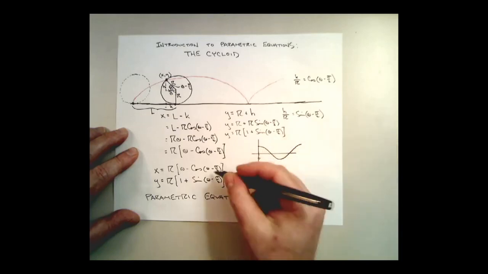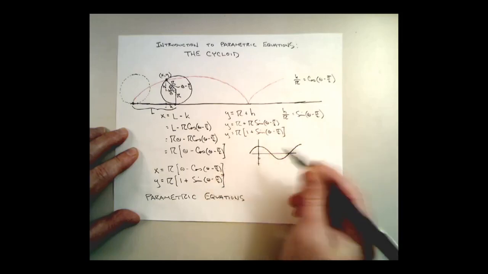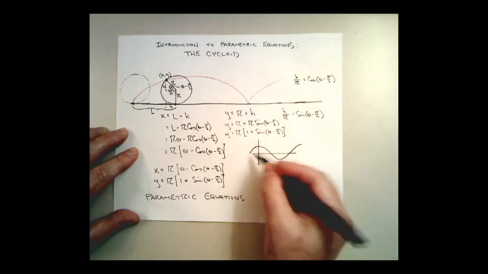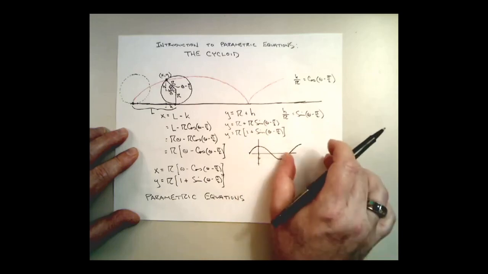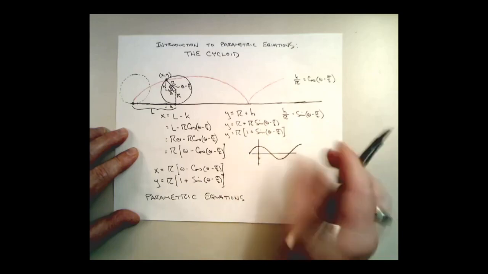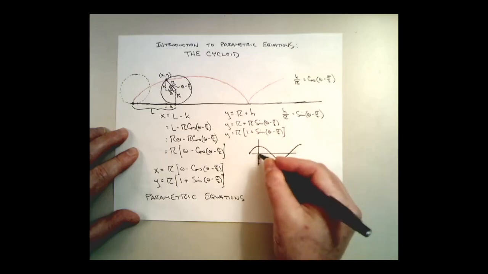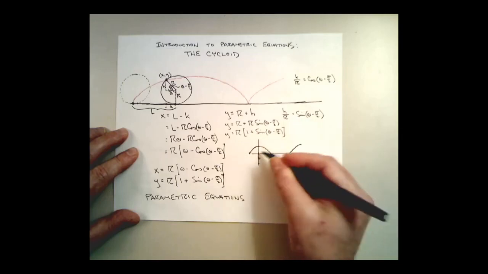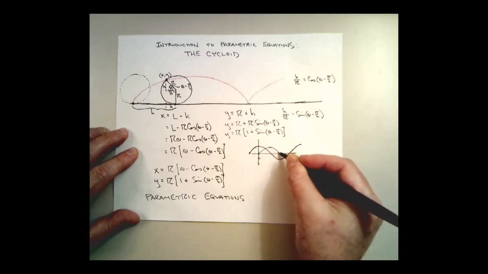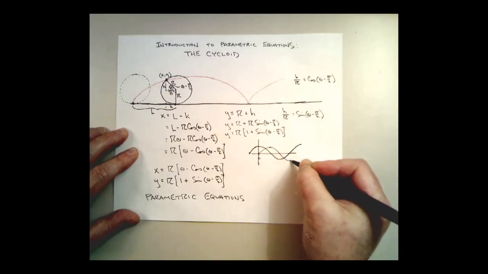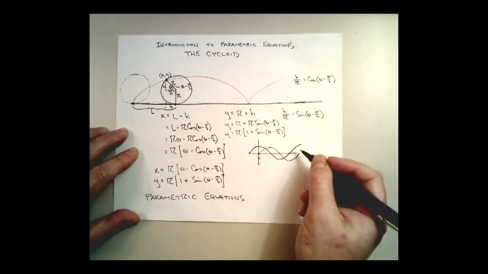And if I shifted pi over 2 units, that's going to take the whole curve and shift it in this direction by pi over 2 units. So it's going to take this point, which is at negative pi over 2, and put it there. And my curve is going to become the graph of sine of theta.